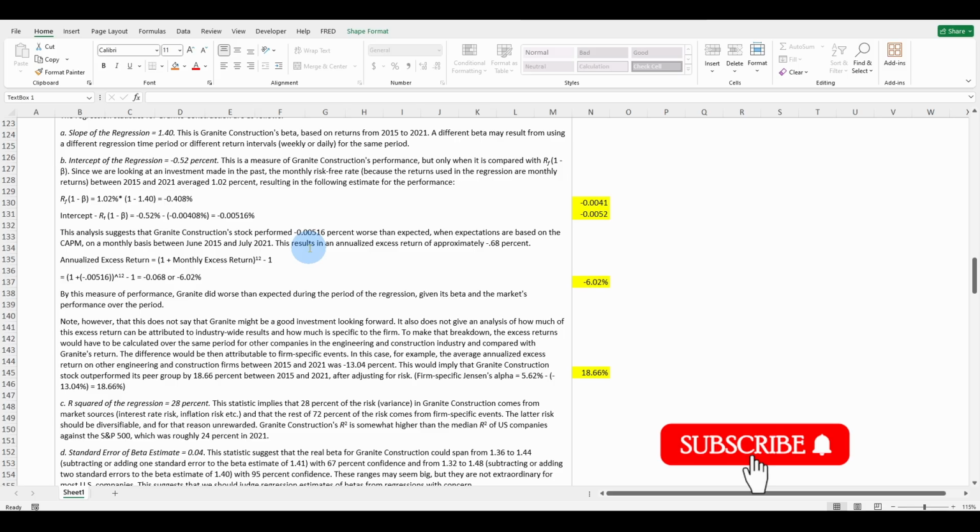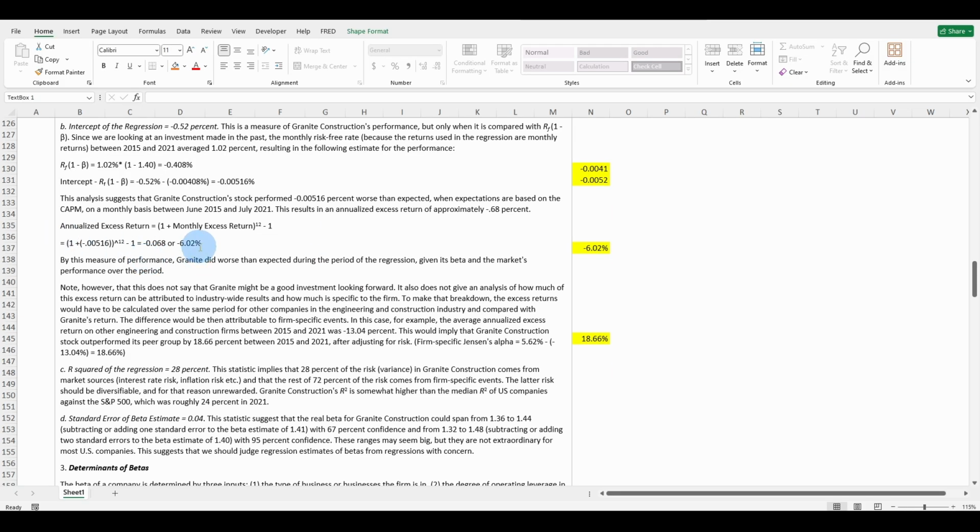This result is an annualized excess return of approximately negative 0.68%. Annualized excess return equals (1 + monthly excess return)^12 − 1 = 6.02.